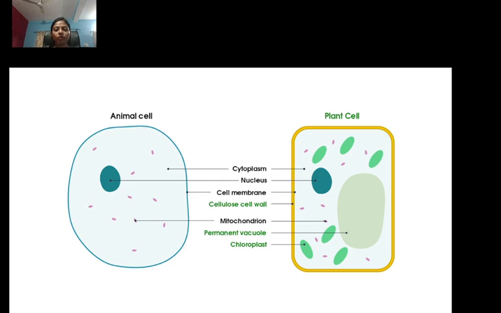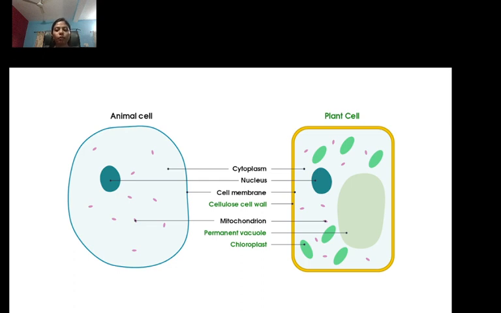If cell wall is not there, then plant will not live, because if there is high temperature or high wind, then they will destroy it. But because of the cell wall, they remain protected. They support the plant cells, right? Yes. So they are exposed to these variations because they cannot move.